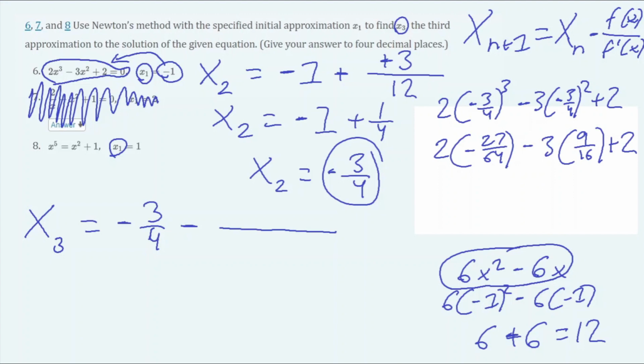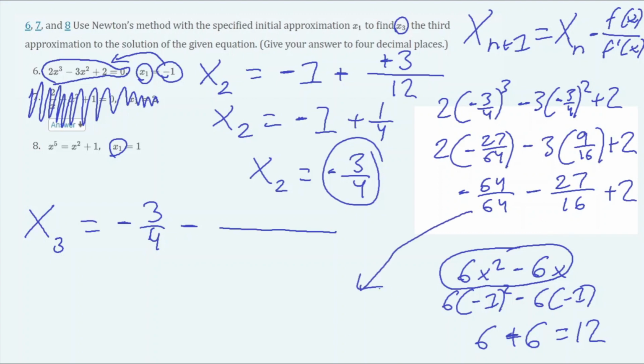And what we could do now is multiply it out. So we're going to have -54 over 64 minus 27 over 16, and then plus 2. And now we need to have them have common denominators.